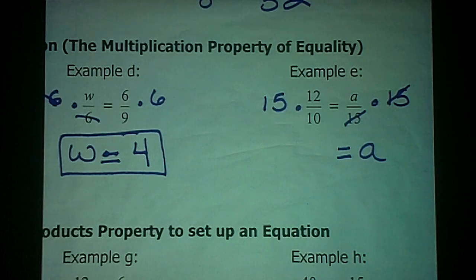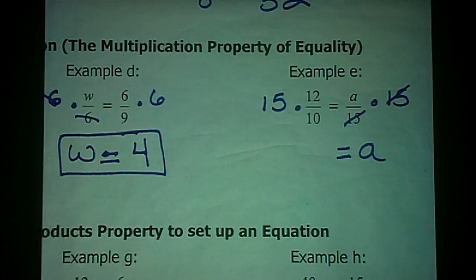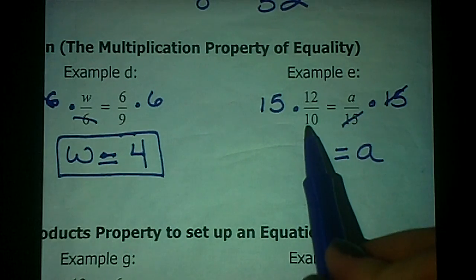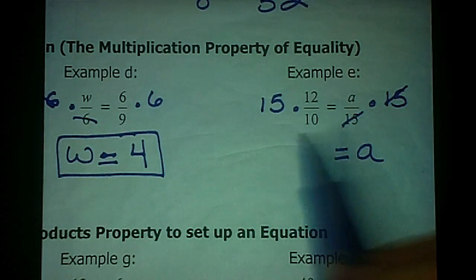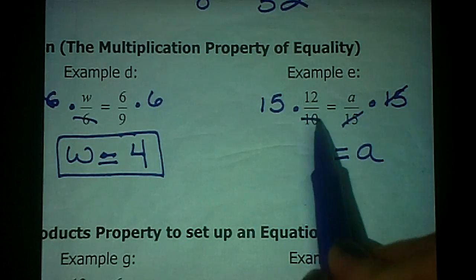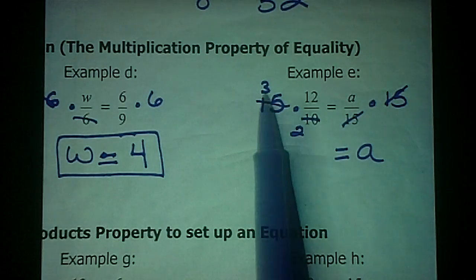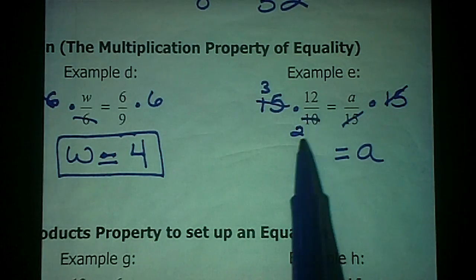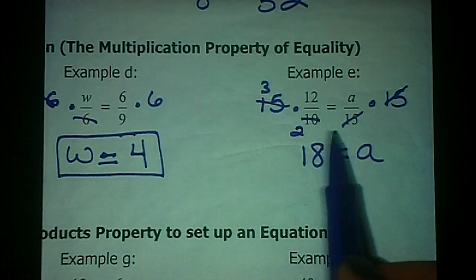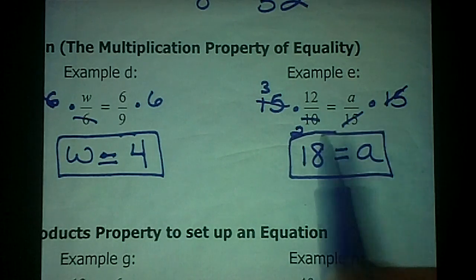All right. I'm going to use some simplifying here. I know that 10 and 15 can both be divided by 5. So I end up with 3 times 12 on top, which is 36, divided by 2 is 18. A is 18.